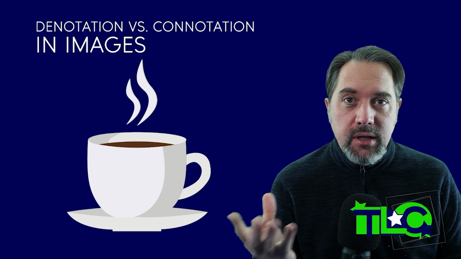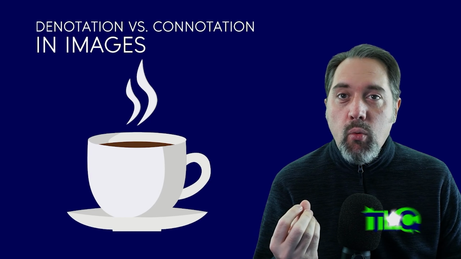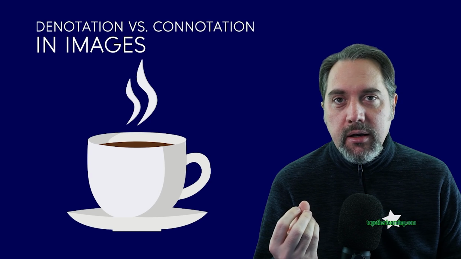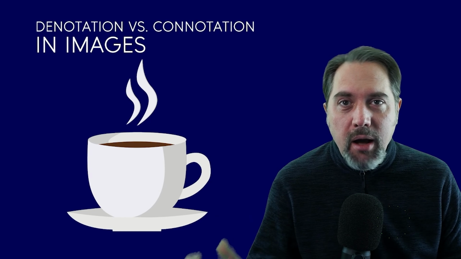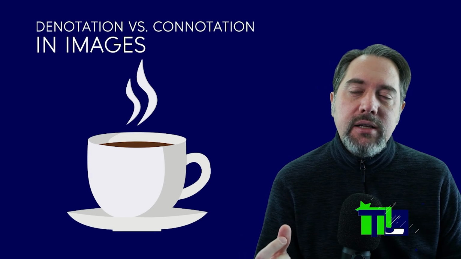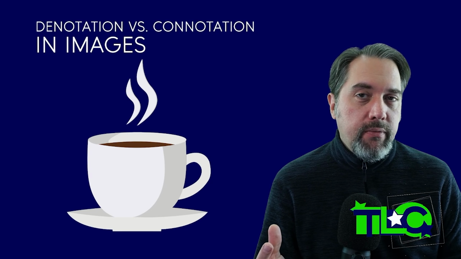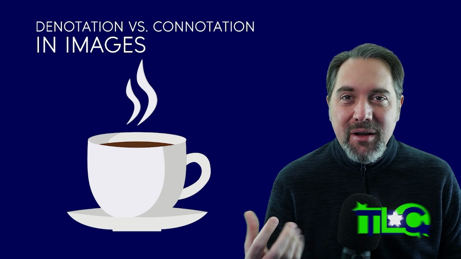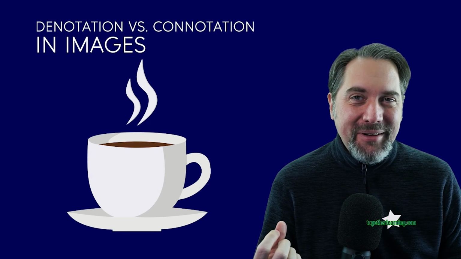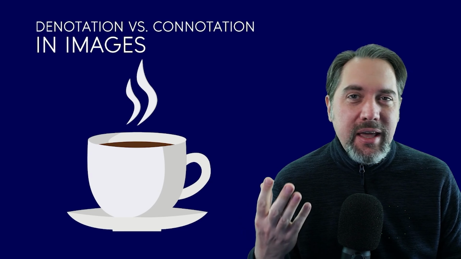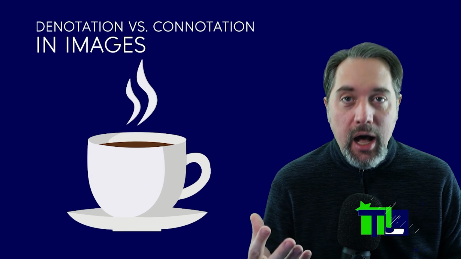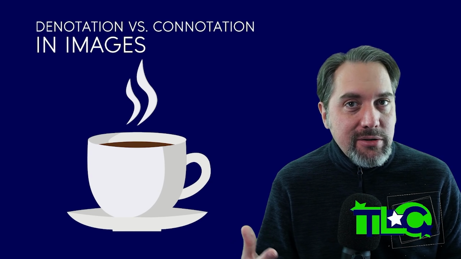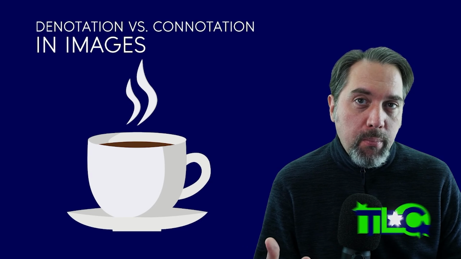So now instead of coffee, we're thinking warm. We're thinking the cup is hot. We're thinking of that feeling when we have a warm cup of coffee. We're feeling a little bit heated up, right? We're thinking not just coffee, we're thinking hot coffee and everything related to drinking something warm.